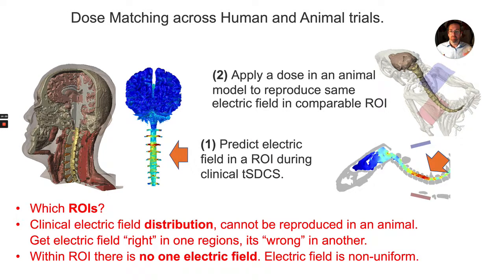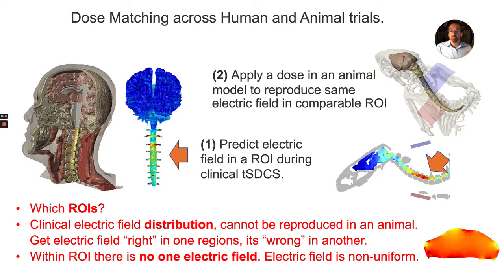The relative spatial extent of how current changes across the animal is not going to be the same. And so even though you match the electric field in one ROI, you're mismatching it in most of the other places. And there's really no apparent way around that.